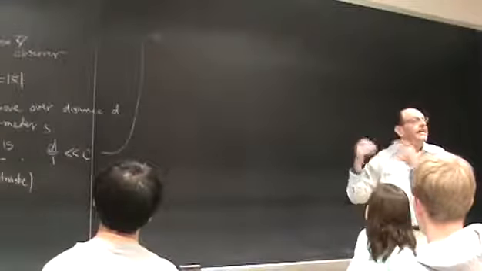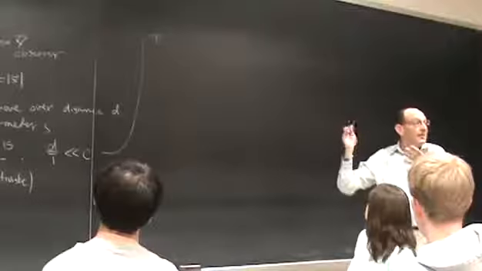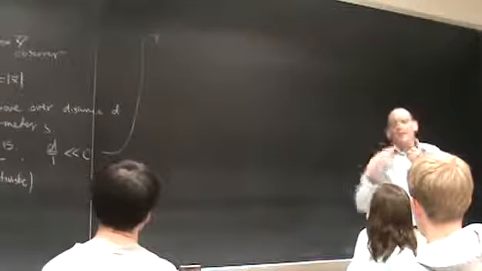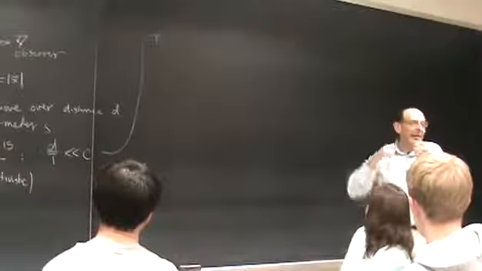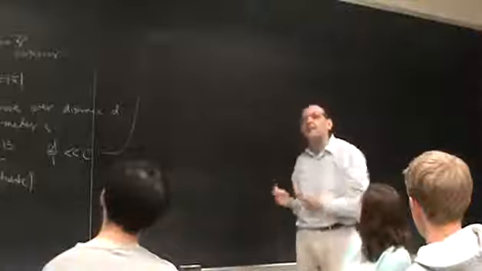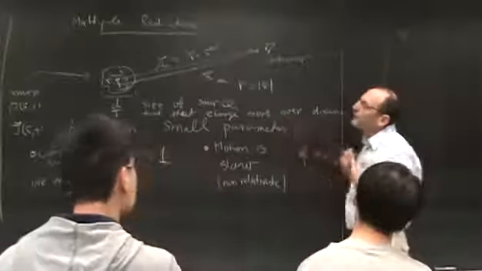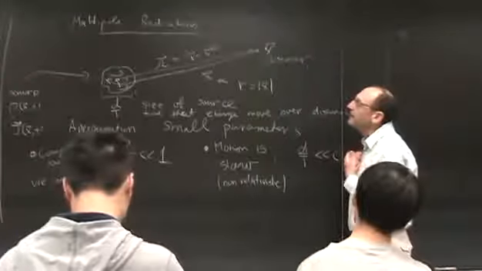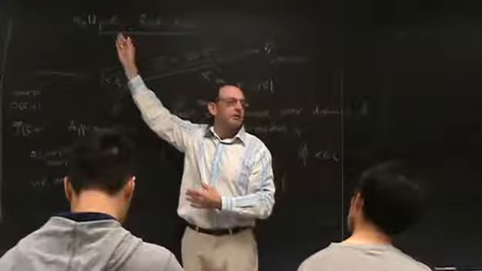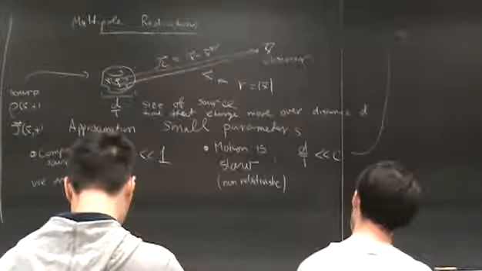But for hydrogen, even though it's moving at 1 over 137 of the speed of light, the time it takes light to cross a Bohr radius is still tiny compared to that speed. So when we talk about atomic absorption and emission of electromagnetic radiation by atoms, we always make a multipole expansion. Talk about dipole radiation.